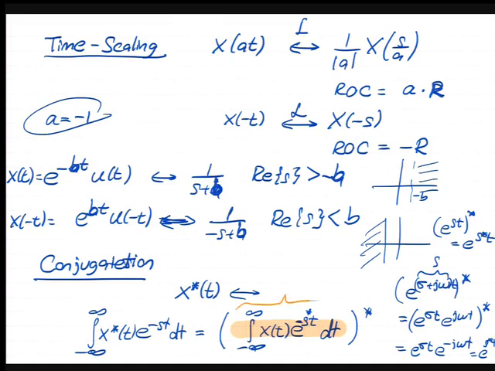It does, except that in place of s, I have a star. So I have X of s star here, and then another star from here. So 2 stars. X star of s star, right? So it's kind of annoying, but in the special case of the Fourier transform, that actually simplifies a lot.